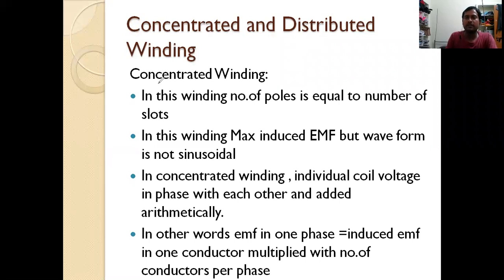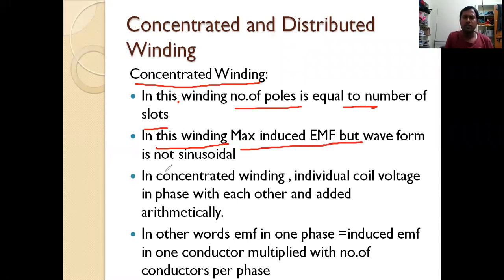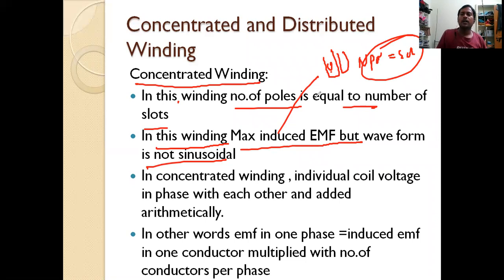Now I will discuss in depth what a concentrated winding is and what a distributed winding is. In the concentrated winding, the number of poles is equal to the number of slots, and the maximum induced EMF will be available, but the generated waveform is not a pure sinusoidal form. Because the number of poles is equal to slots, more winding is available at one particular location, so the maximum induced EMF is available.